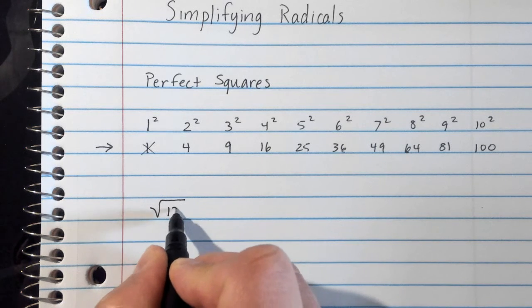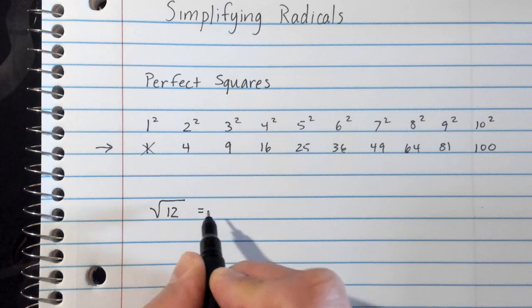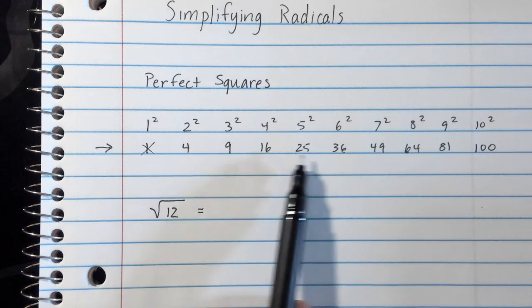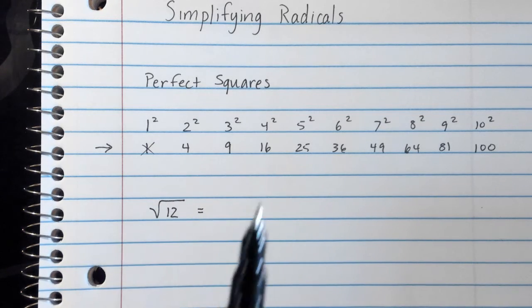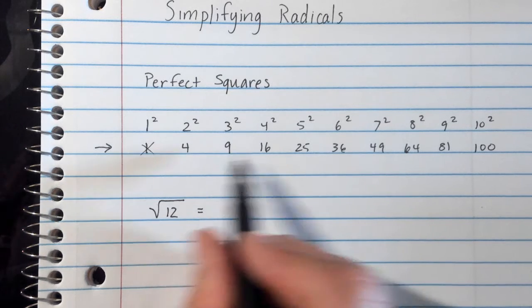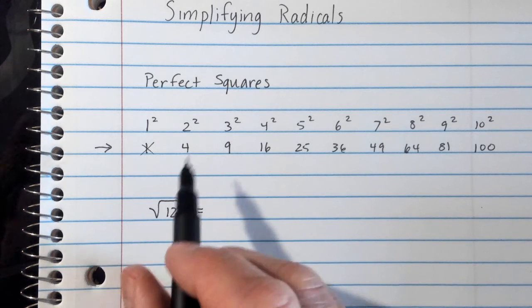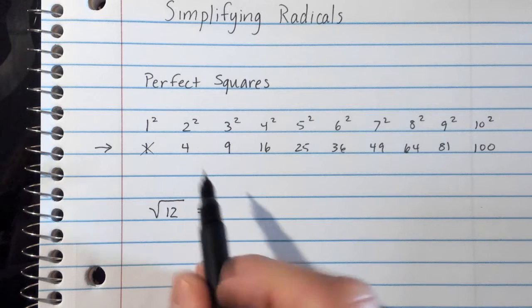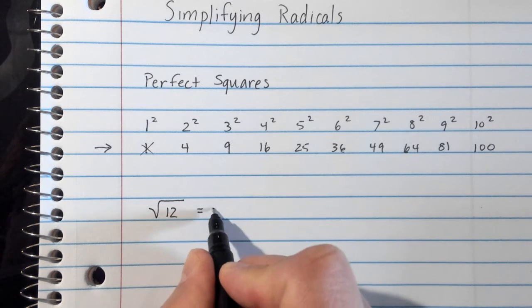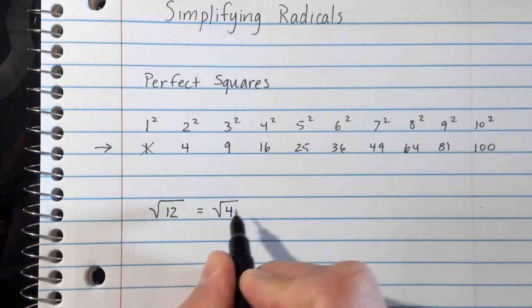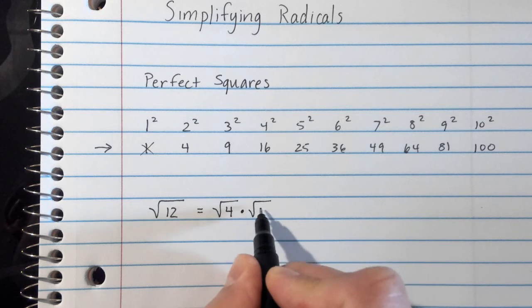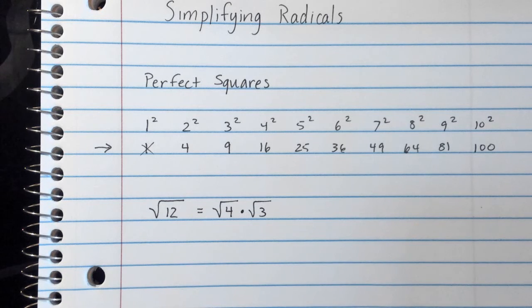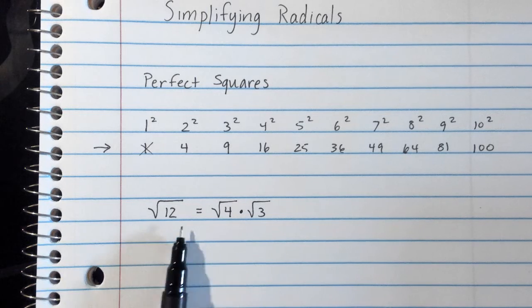Let's start with some easier examples. Square root of 12. What you have to do is figure out which perfect square goes into 12. You have to find the biggest perfect square that goes into 12, which is obviously 4. So the square root of 12 is equal to the square root of 4 times the square root of 3. I'm going to pause for a second so you can digest that. It should make perfect sense.